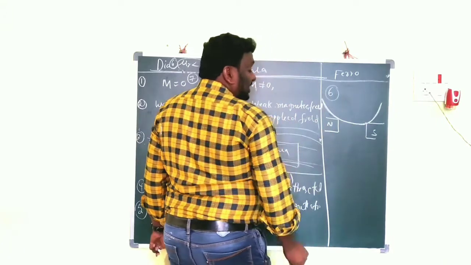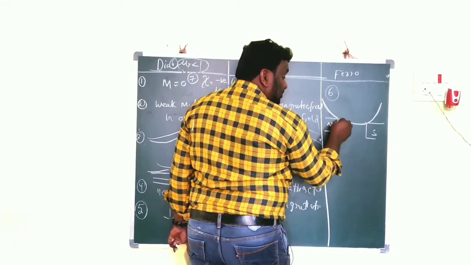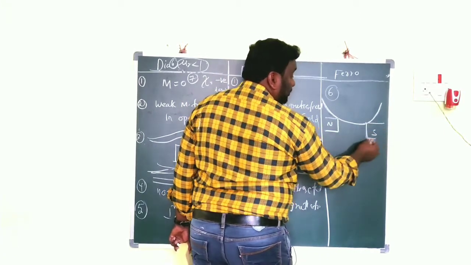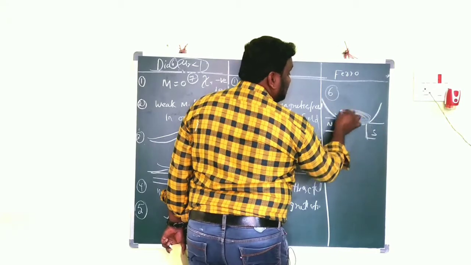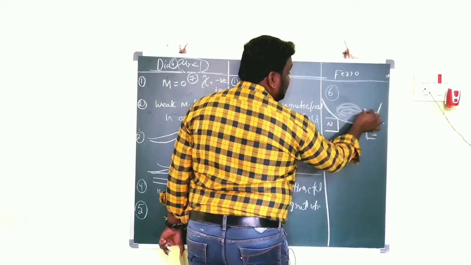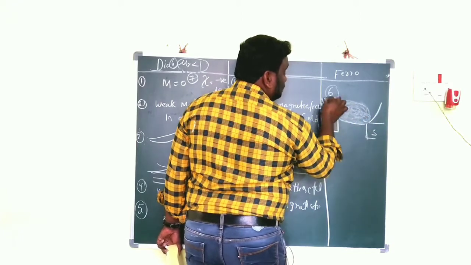Clear? That should be placed on the north pole and south pole, and in that we are taking some paramagnetic substance. Paramagnetic substance is there in the form of liquid. Clear?